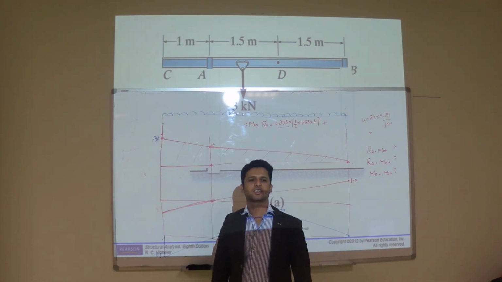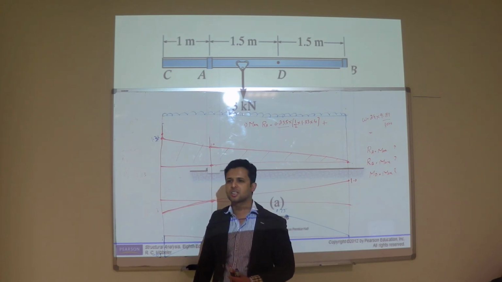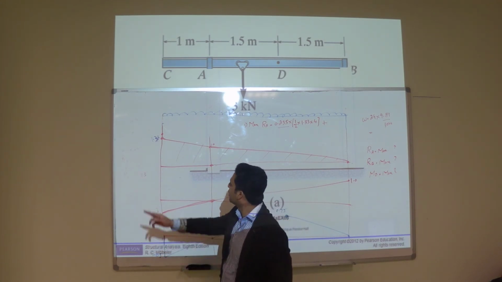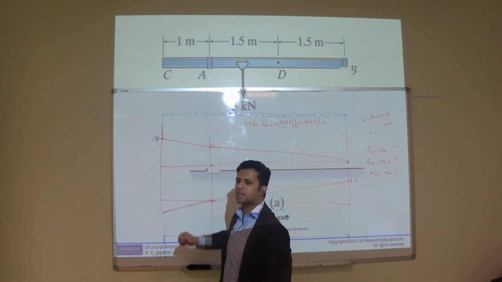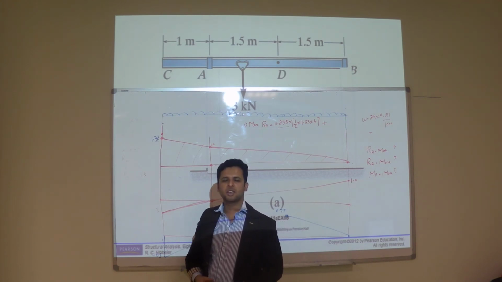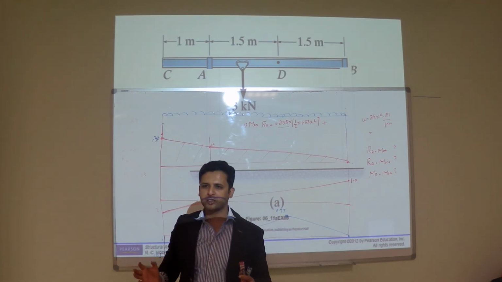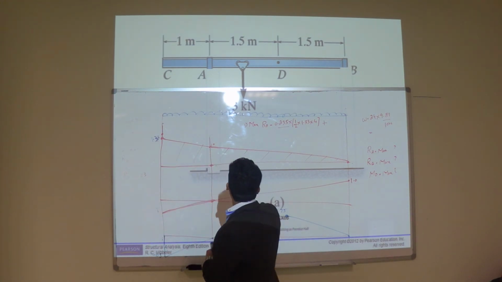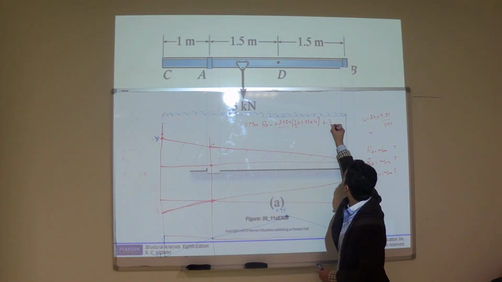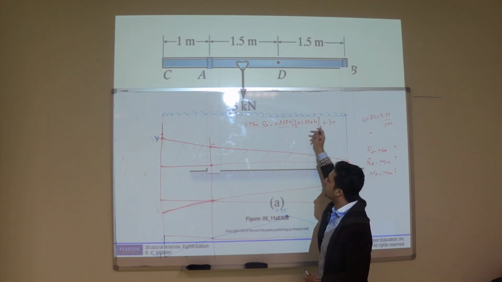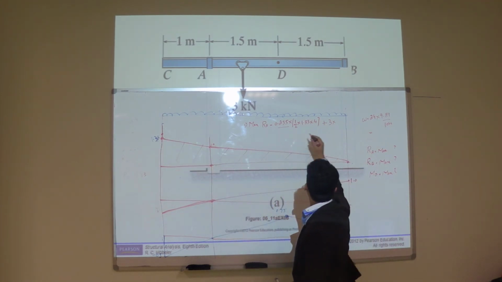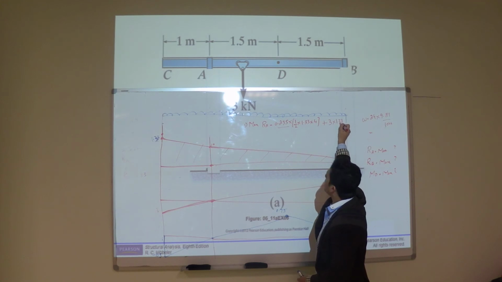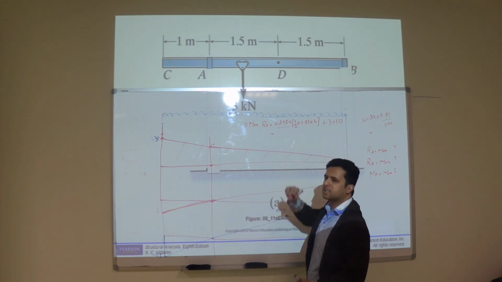Do you understand? Yes. When the load is here, then you will have the maximum reaction. For example, in order to find the maximum reaction, the load should be at this point. So how do you get the reaction? The 3 kilonewton load multiplied by this coordinate over 6. That's all. So you will get the maximum RA.